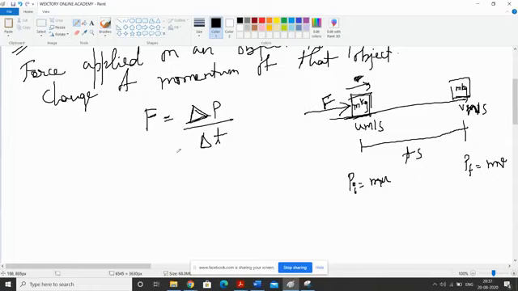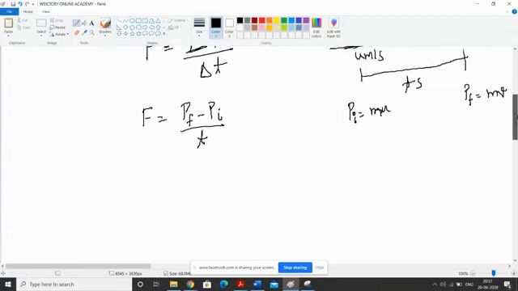If we apply Newton's second law of motion, that force is equal to the rate of change of momentum, that is change in momentum divided by time t. So force will be equal to the change in momentum, that is final momentum minus initial momentum, divided by the total time, which is t. So the final momentum is mv, initial momentum mu, divided by t.